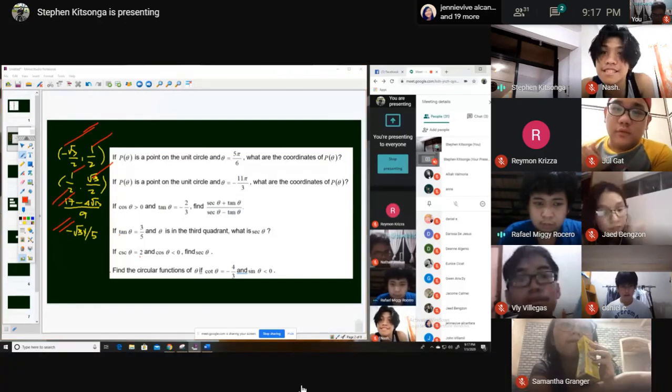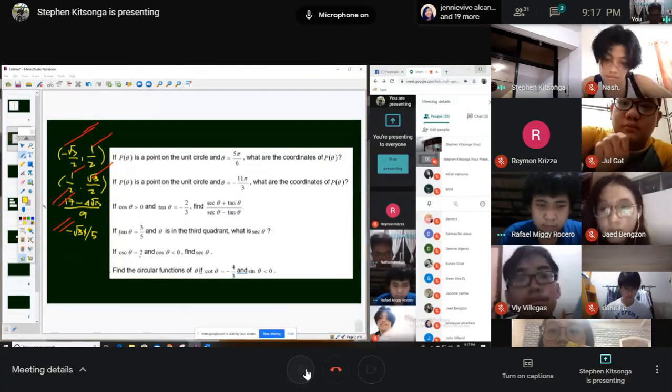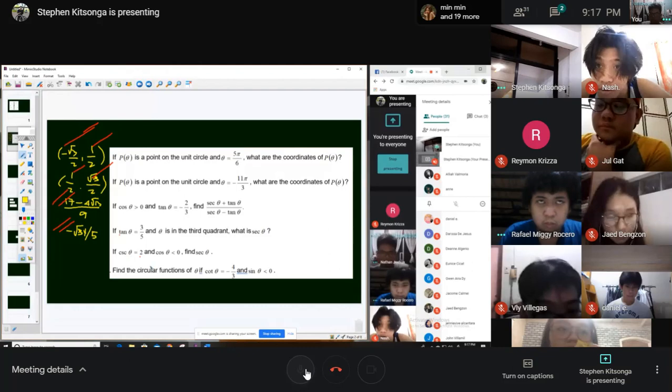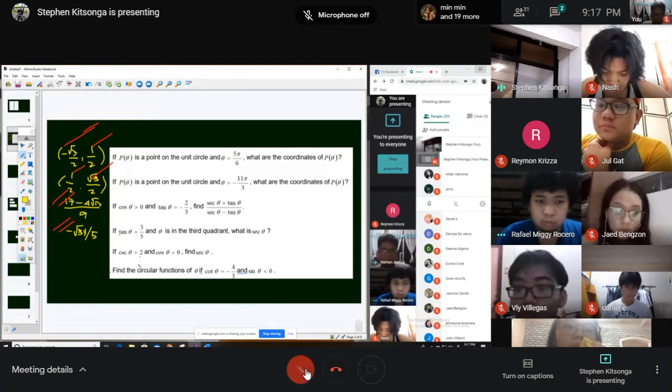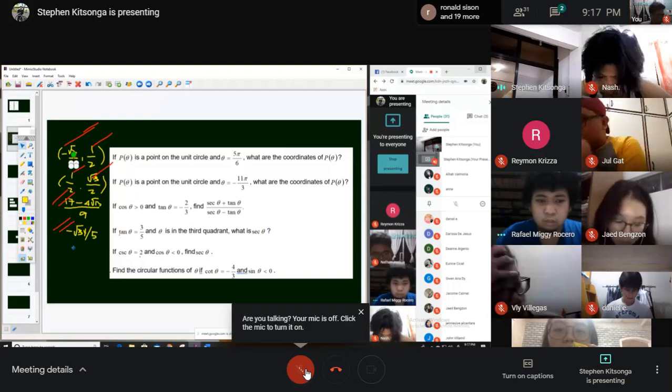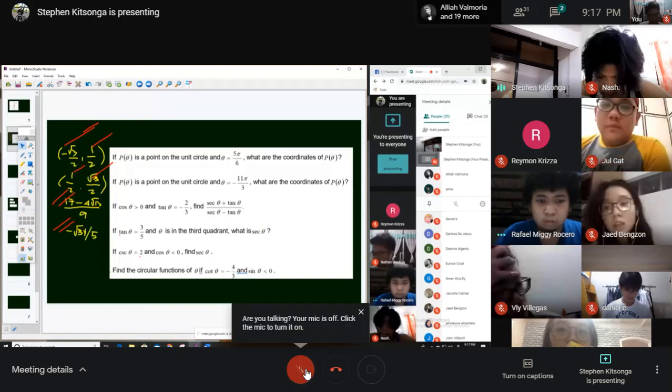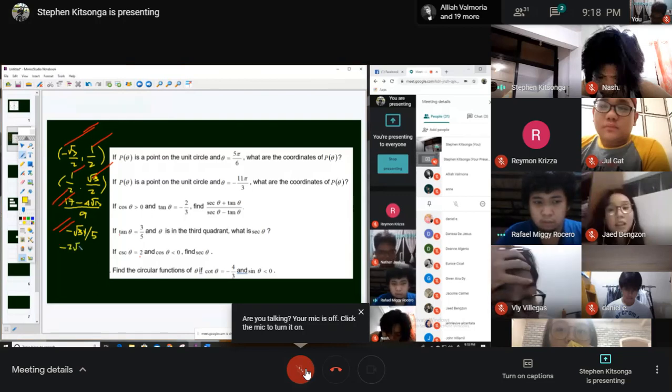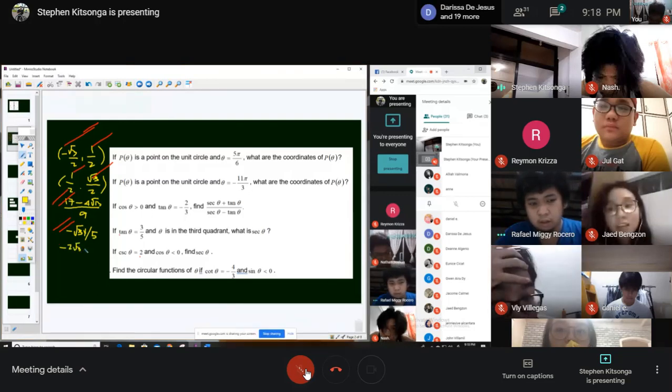This is a special value na. Because sine would be 1. Cosine must be negative square root of 3 over 2. And secant must be negative 2 over square root of 3. And that is exactly negative 2 square root of 3 over 3. Right?